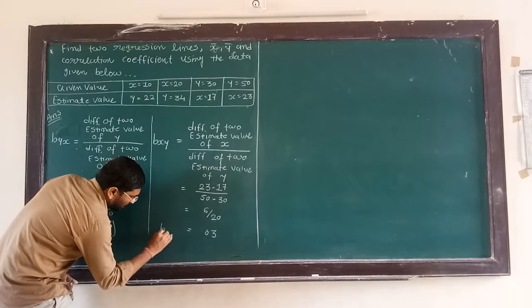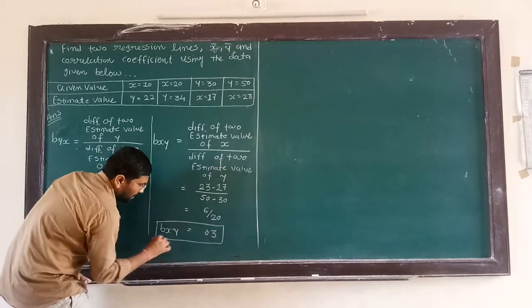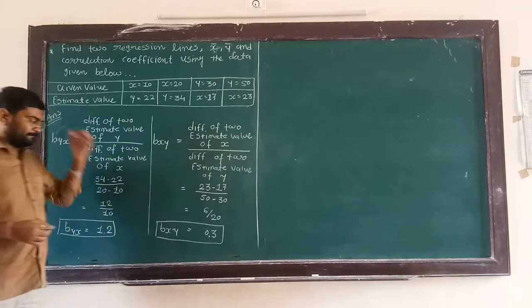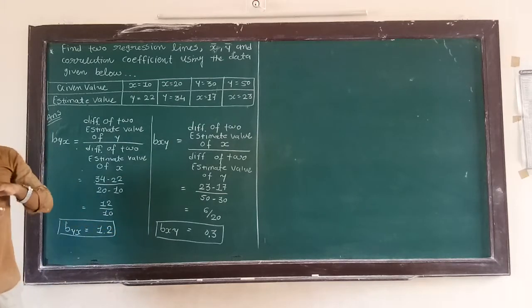Here the value of bxy is 0.3. We got byx and bxy.